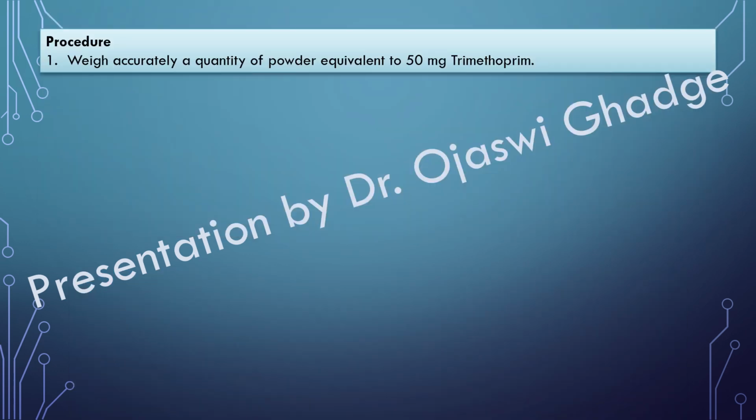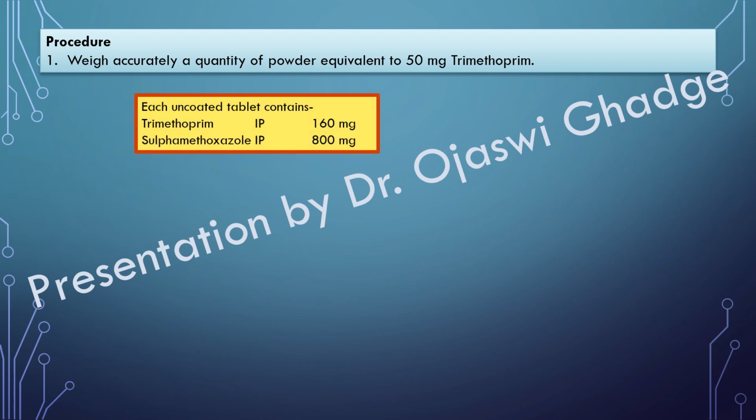This is the first step of weighing, that is, we have to weigh accurately a quantity of powder equivalent to 50 milligrams of trimethoprim. The procedure has been taken from the reference given in slide number 2. How much quantity of the tablet powder is to be weighed, we can calculate from the label claim.